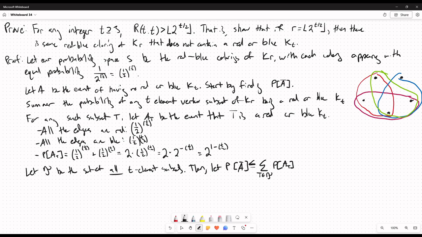So we're basically just summing over all the different sets of t vertices. And by doing that, we get an upper bound on the probability of having at least one red or blue Kt.